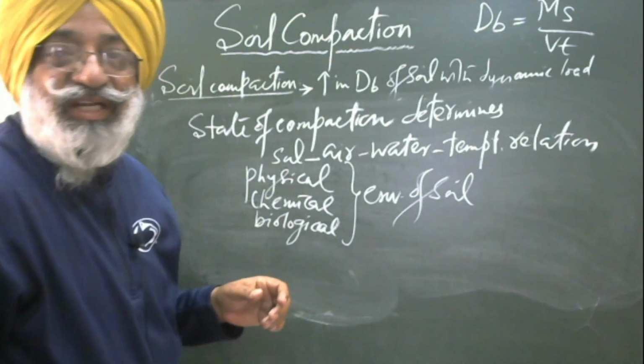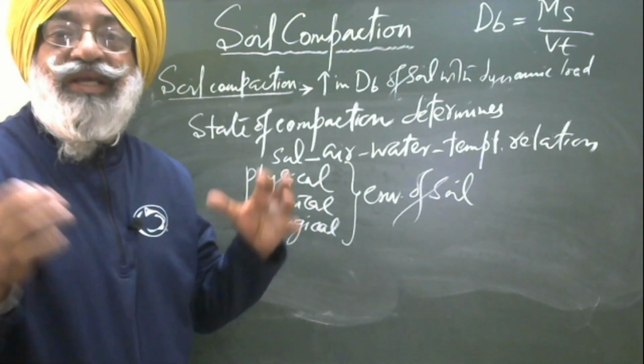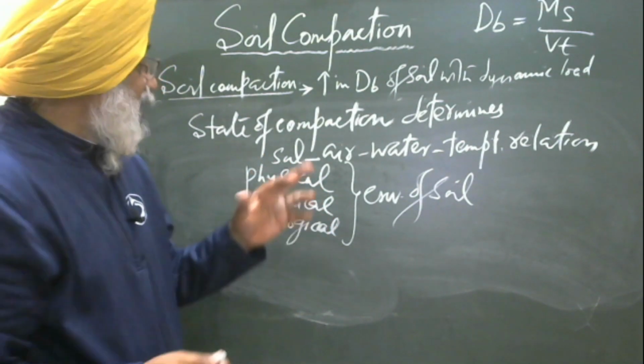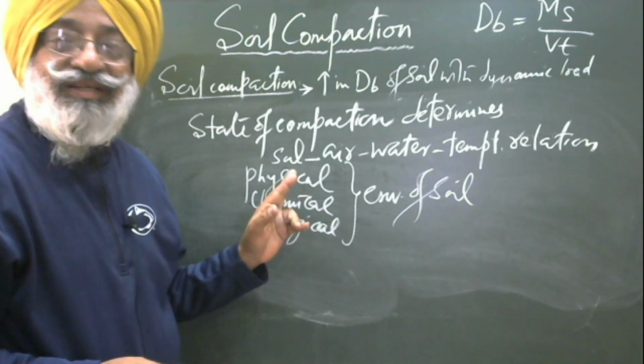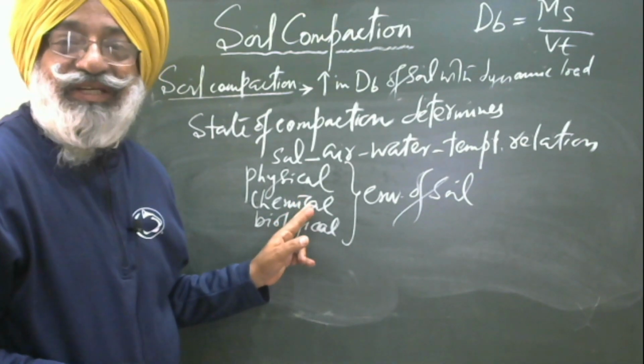I said in the beginning, in my first lecture, that soil fertility, to be a complete parameter, should be physically fertile and biologically fertile; only then will it be chemically fertile.